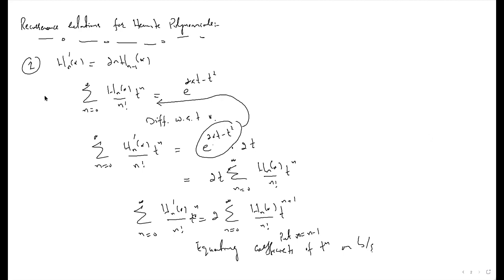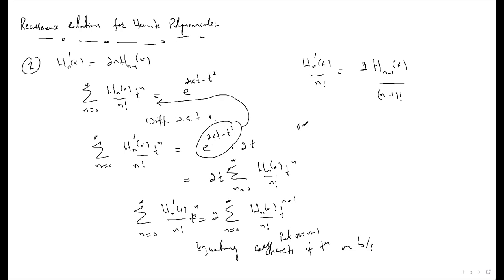So let me write it here. What is the coefficient of t raised to power n here? It is H_n prime of x divided by n factorial. This will be equal to twice H. Now put n equal to n minus 1. It will be H_(n minus 1) of x divided by (n minus 1) factorial.